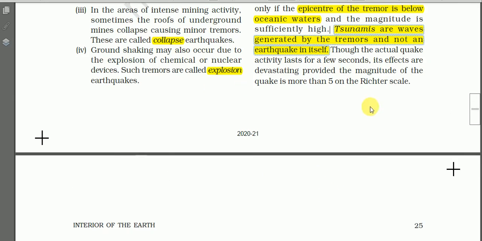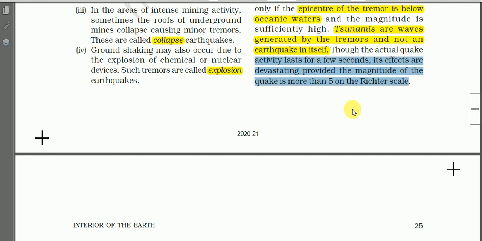And you must know that earthquake activity lasts for only a few seconds, but its effects are devastating, provided the magnitude of the earthquake is more than 5 on the Richter scale. If the magnitude is more than 5, then it is devastating.